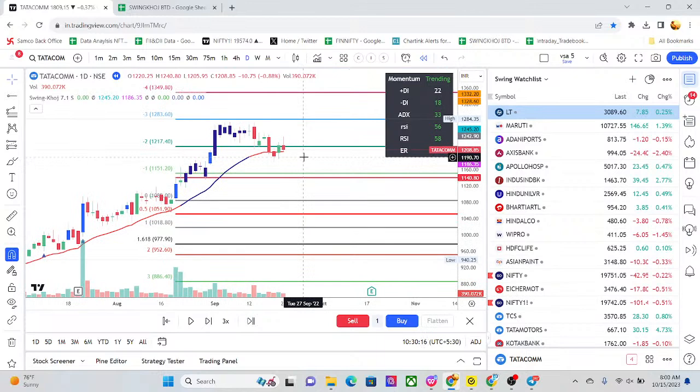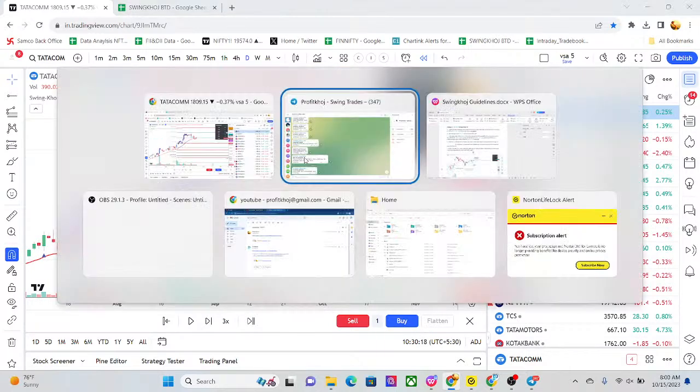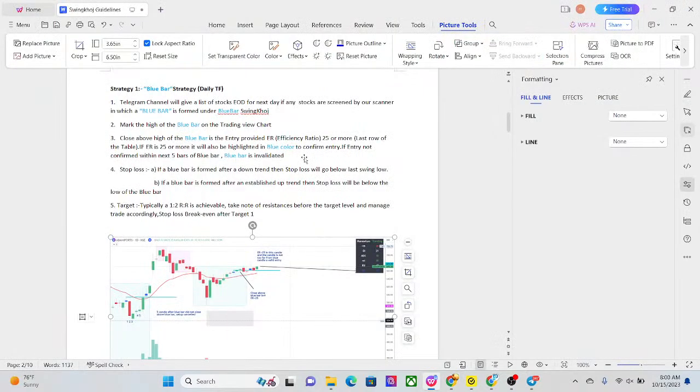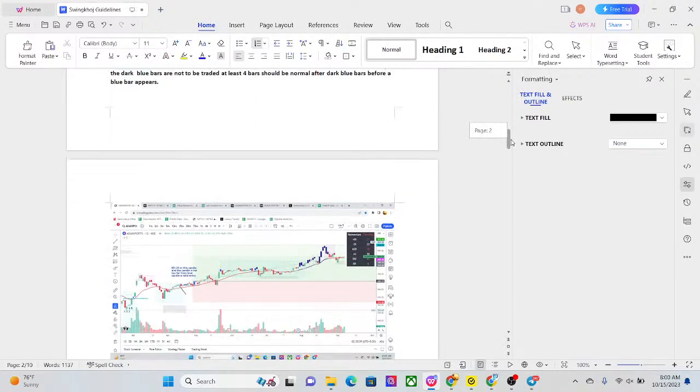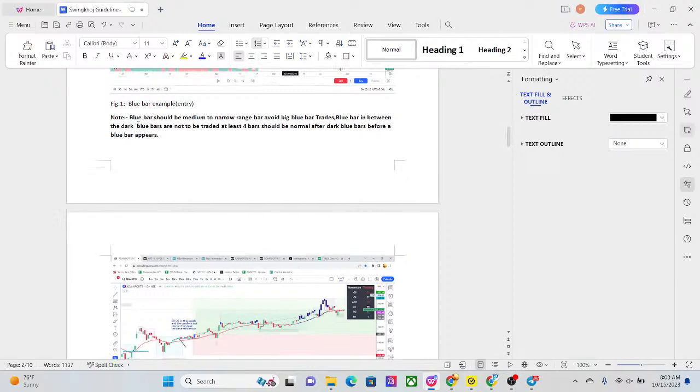Okay. So let's go to the next one. So there is a note: the blue bar should be a medium to narrow range bar. Avoid big blue bar trades. Blue bars in between the dark blue bars are not to be traded. So at least four normal bars should be there after the dark blue bar before a blue bar appears.